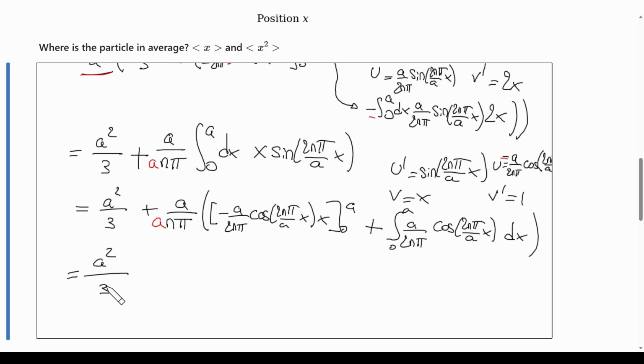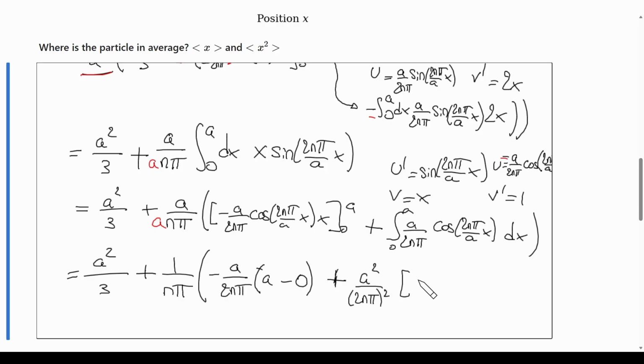So we have a squared over 3 plus 1 over n pi of the integral here, which gives minus a over 2 n pi cos of 2 n pi over a times a, which is 1 times a, so a, minus cos of 0, which is also 1, but the whole thing times 0, so 0, plus the integral of this cosine here, which will give a squared over 2 n pi squared sine 2 n pi over a x from 0 to a.